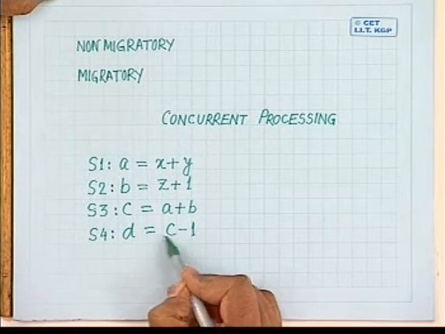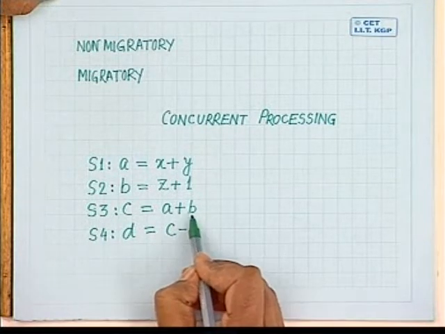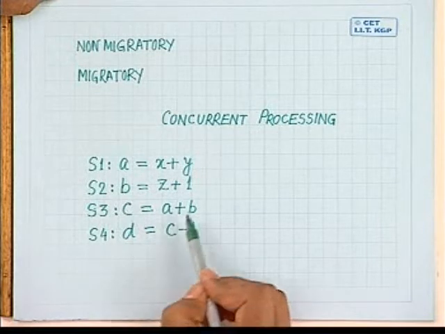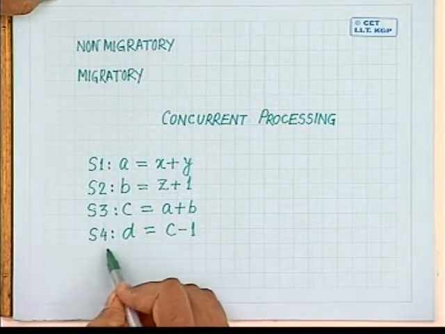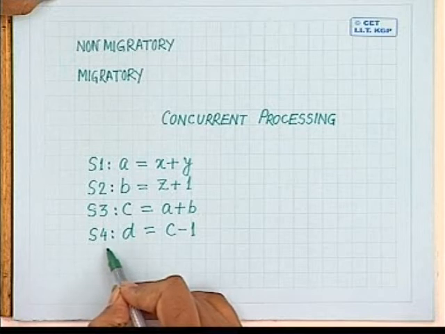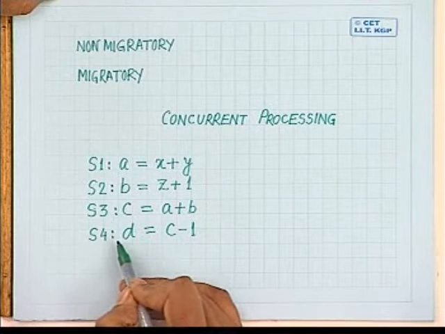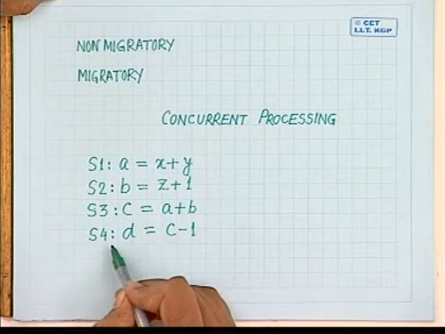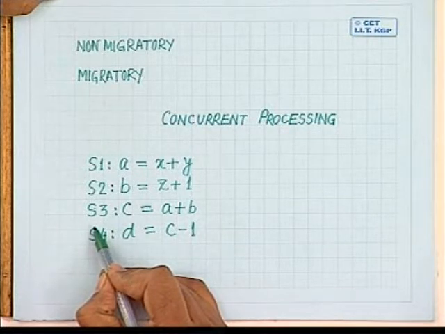Again, C is computed in S3, which makes use of two variables A and B. So S4 cannot be computed before completion of S3, because the value of C, which is used in S4, is decided in statement S3.